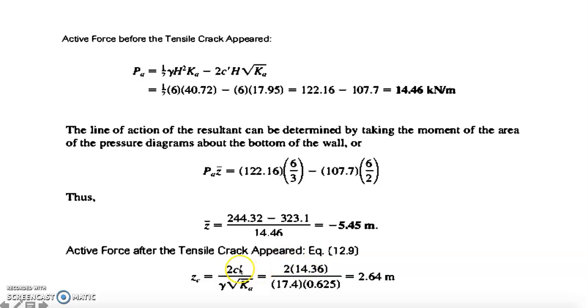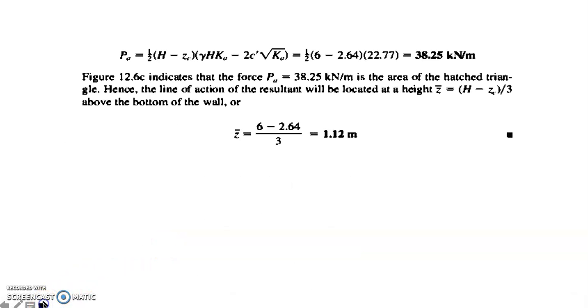You simply substitute the C, gamma, and K sub A. It gives us 2.64 meters. From there, you can compute the active force after the tensile crack using this equation, the formula that was presented a while ago. When you substitute the given values and simplify, it gives us 38.25 kilonewton per meter.